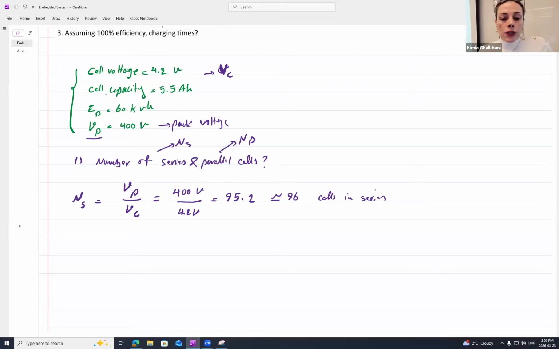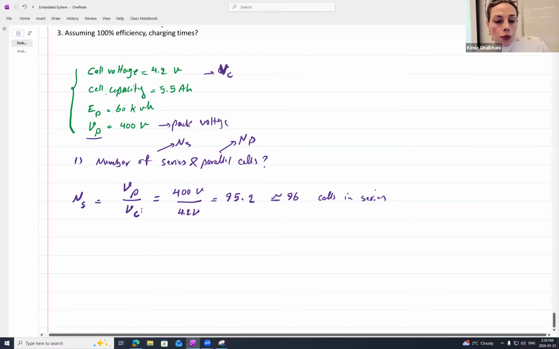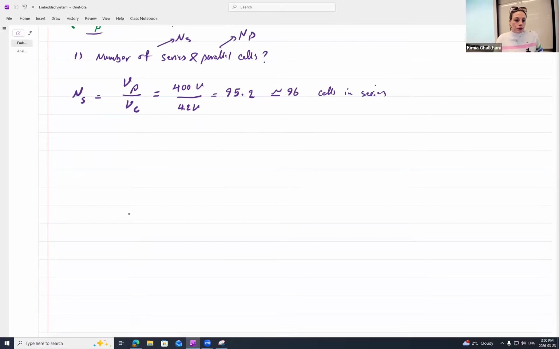Next, I was asked to calculate the number of parallel connections. So for that, I'm gonna say pack voltage is equal to NS, which is the number of series connection, times VC, the voltage of each cell. I just calculated 96 for the number of series, and the voltage per cell was 4.2.